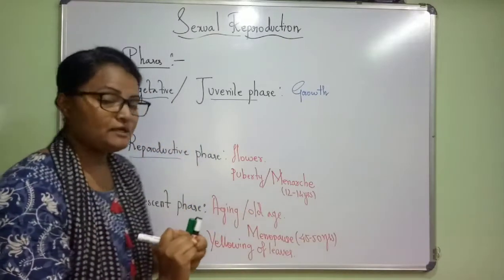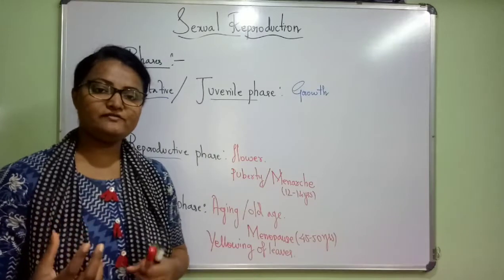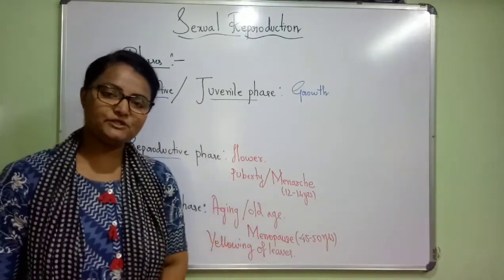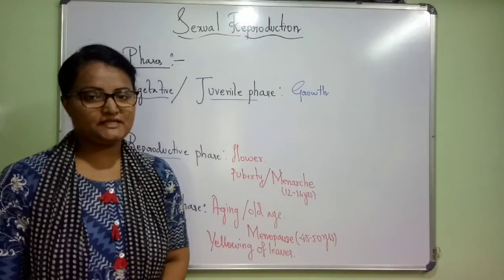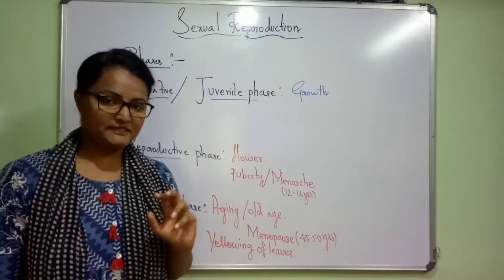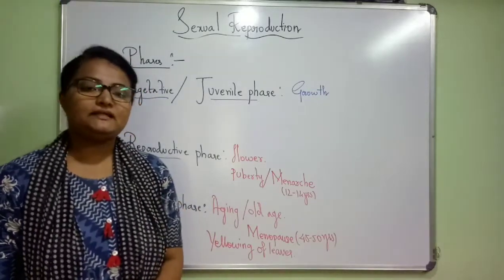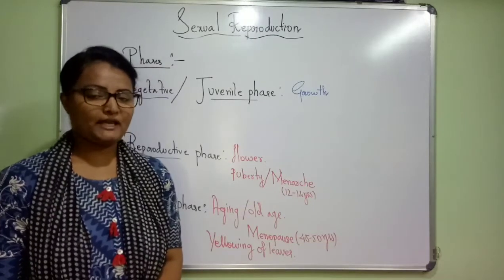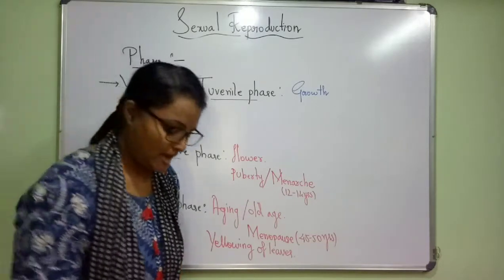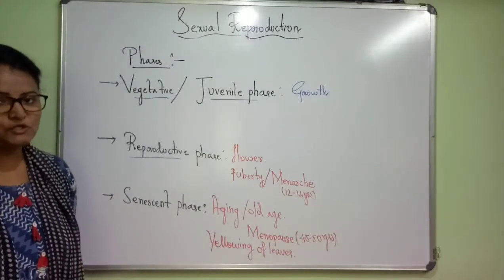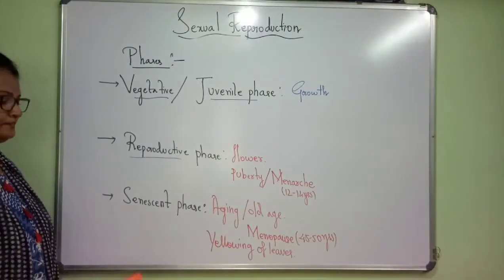The green, nice leaves turn into yellow colored leaves, which indicates the aging or senescence phase in plants. So these are the life phases of sexually reproducing organisms. I hope you understood. We'll take up the next concepts in sexual reproduction.